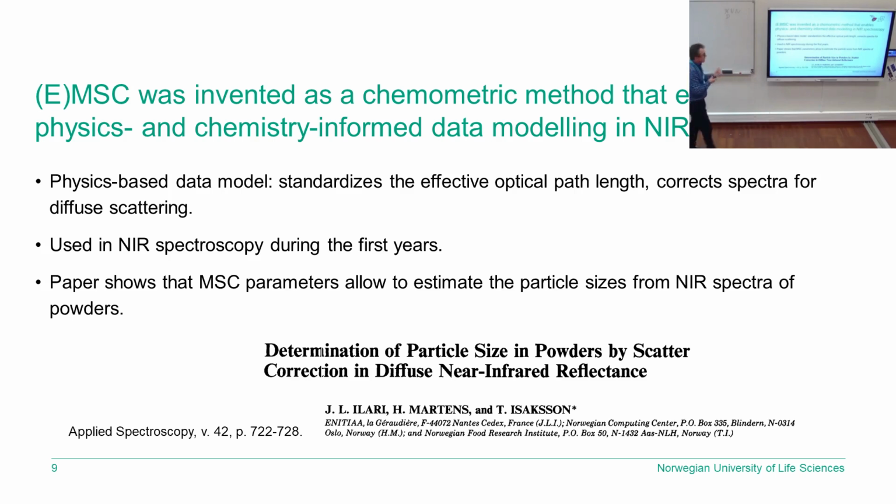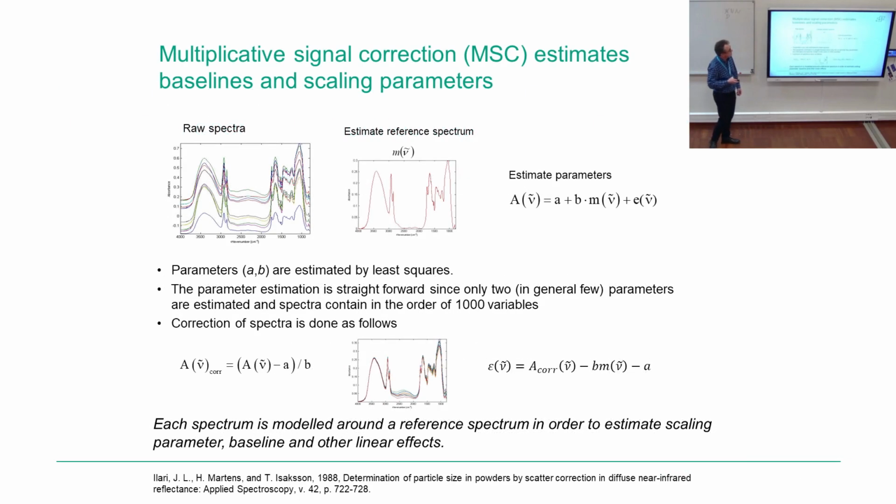It was invented by Harald, who met at the time Jean-Luc Hillary, who was a postdoc studying together with Thomas in Ås. In the beginning it had been used in NIR spectroscopy, and the paper shows that with MSC parameters you can estimate the size of particles in powders. So it retrieves physical properties from the spectrum.